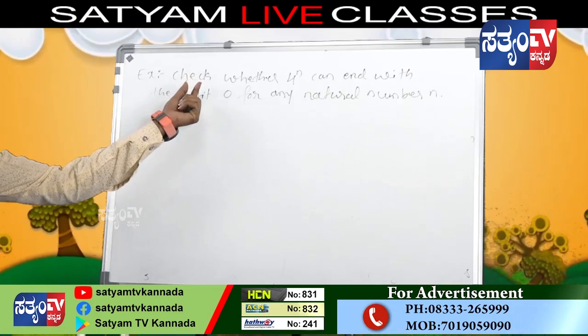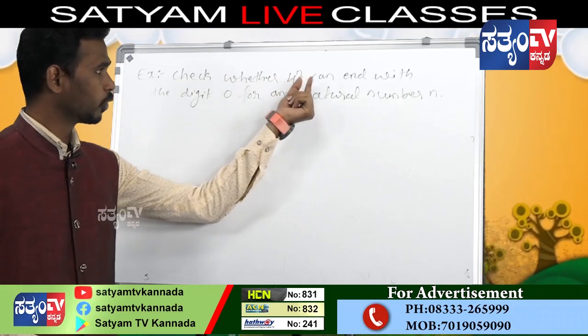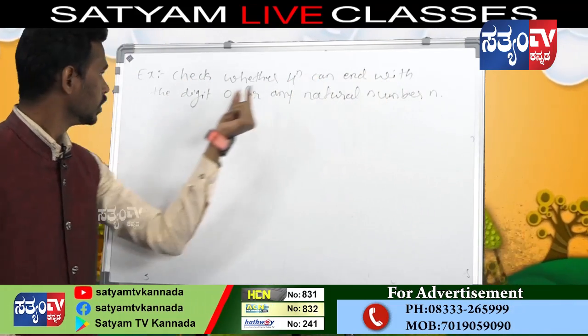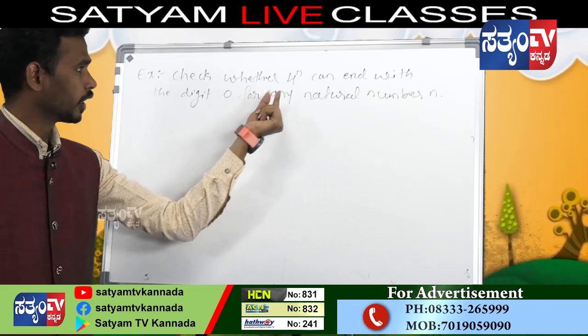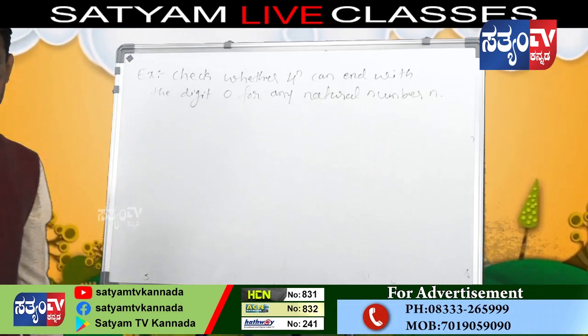Okay students, let's see the example. Check whether 4 raised to n can end with the digit 0 for any natural number n.